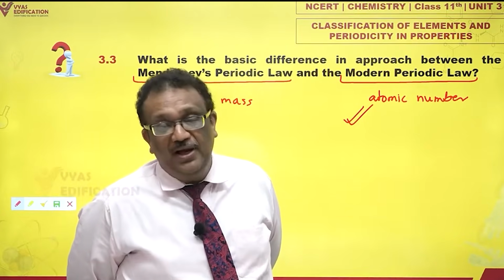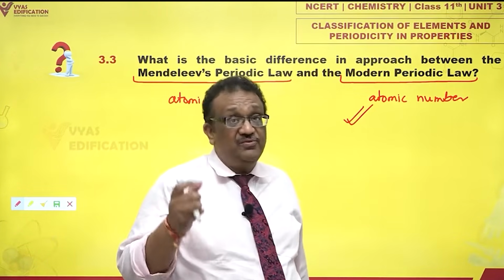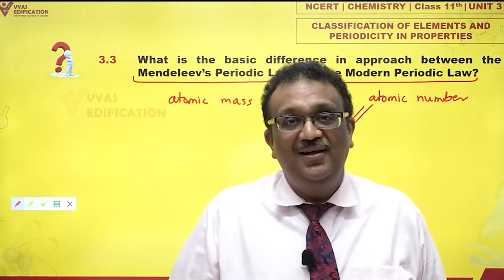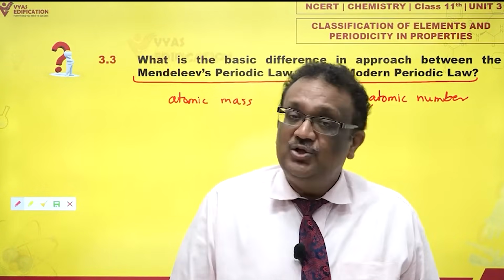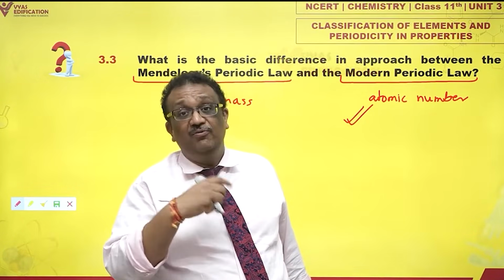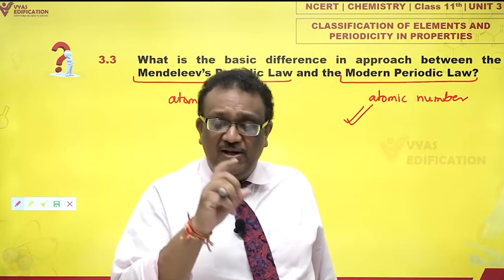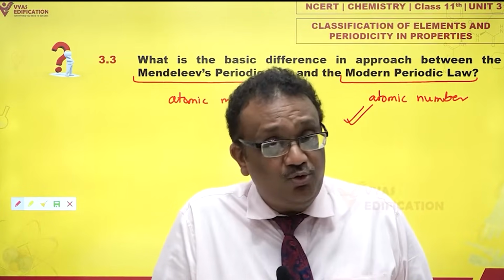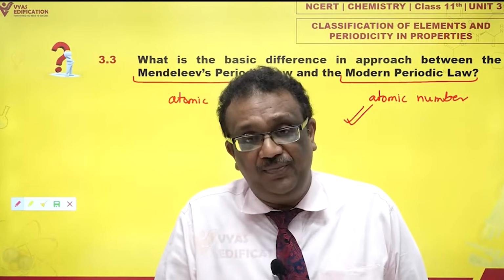One of the very big advantages was that all the isotopes, because isotopes have the same number of electrons, they just differ in number of neutrons, right? So, since electrons are the ones which are responsible for chemical reactions, chemical bonding, etc., and if electrons are arranged exactly in the same fashion in isotopes, you find that chemical properties of isotopes are very similar.